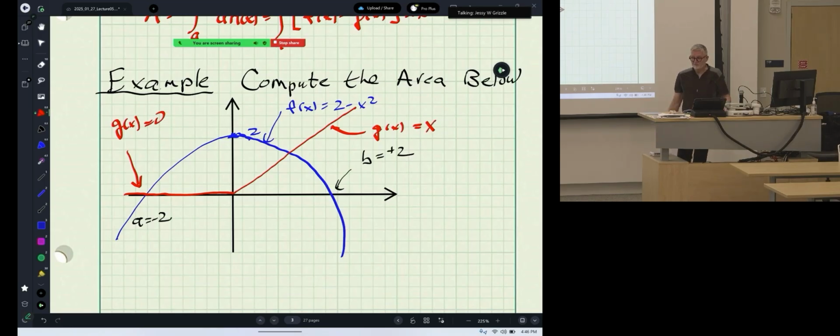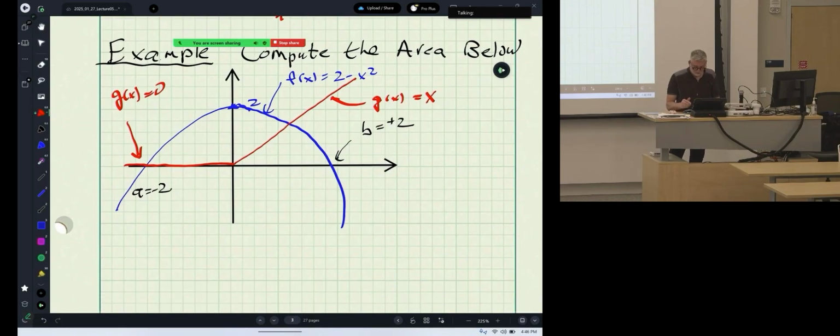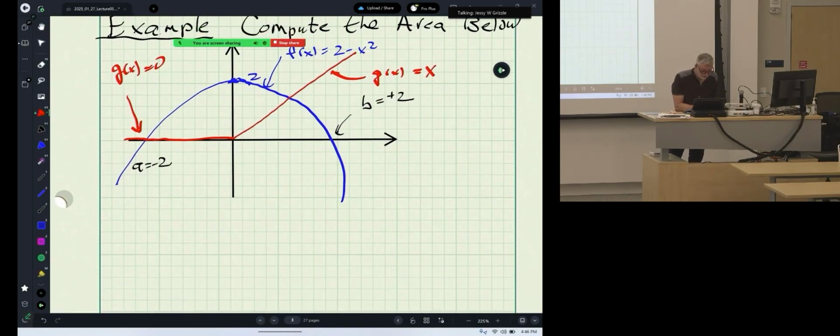I wrote 0. Okay, so in general, we've got g of x equals 0 for x less than or equal to 0, and it's equal to x for x greater than 0.